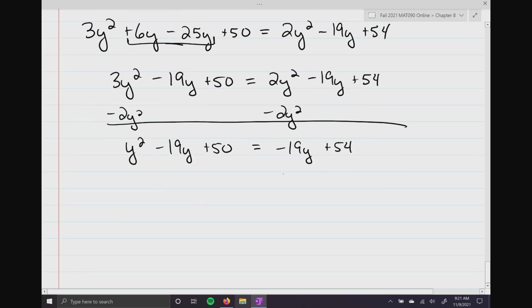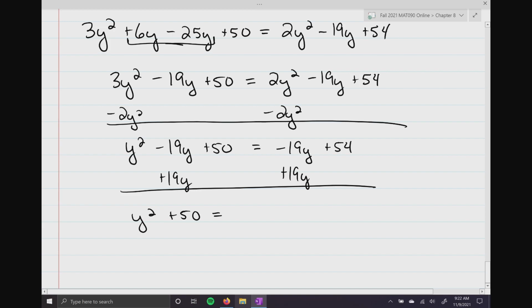Now I'm going to add 19y to both sides. That's going to give me y squared plus 50 equals 54. Notice negative 19 plus 19 is 0. And then finally, I can subtract 54 from both sides. That gives me y squared minus 4 equals 0.